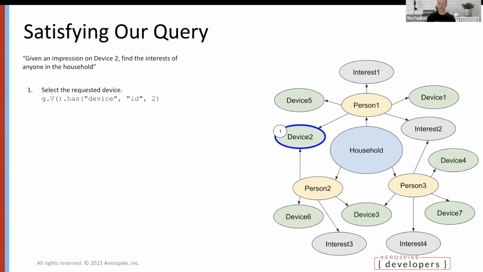But like any problem, there's different ways of solving the same problem. I could have had the interests inside the person. I could have had a different way of modeling this. Instead of having two people sharing the same interest, I could have had them having their own interest with the same name. So there's no necessary right or wrong way of modeling. It's based on your particular use case and what solves your business problems.